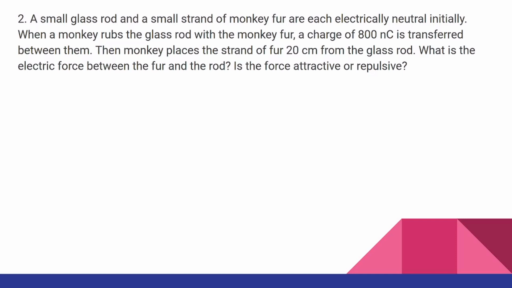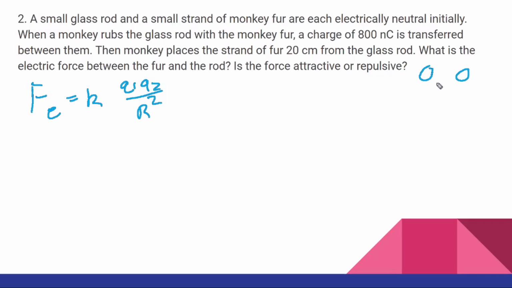Alright, hopefully you paused the video, and now I'll go over this question. So we're going to start by writing our equation. If you're confused on what to do for the charges, they are both initially electrically neutral, which means both of them initially started with charges of 0.